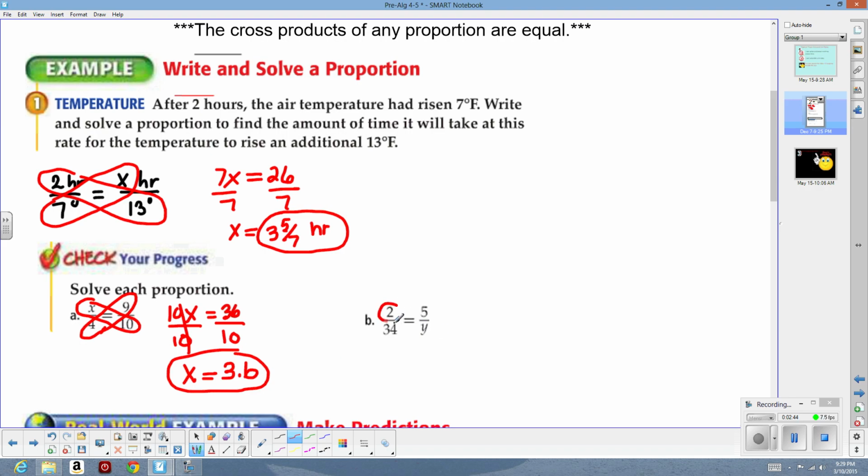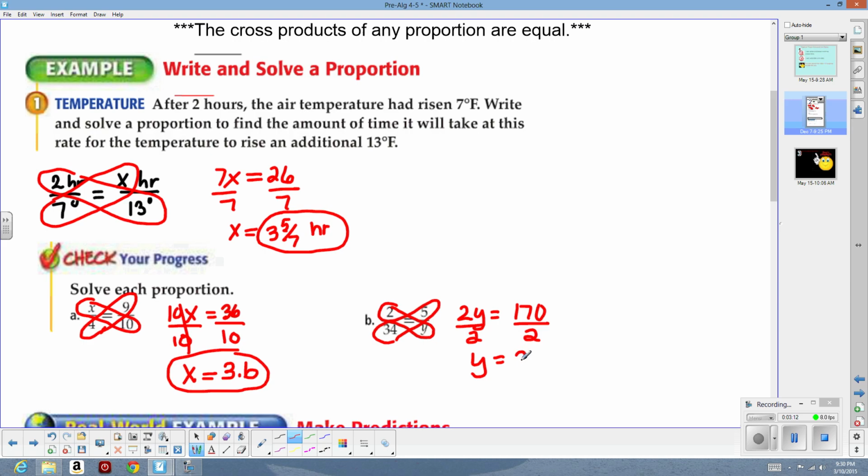Now in our next one, 2 times y is 2y, and that's going to equal 34 times 5. 34 times 5 is 170. Now divide both sides by 2, and y equals 85.